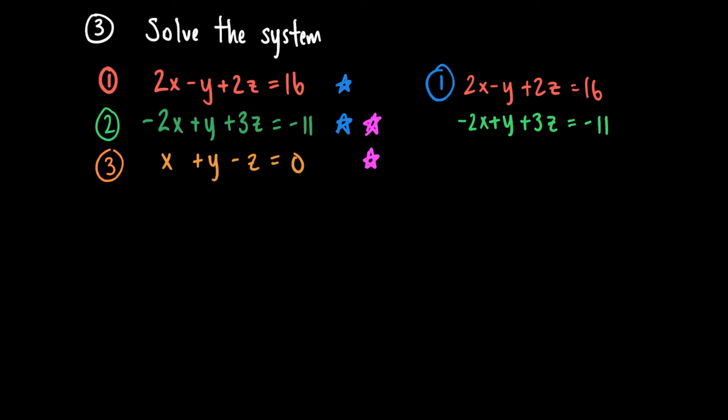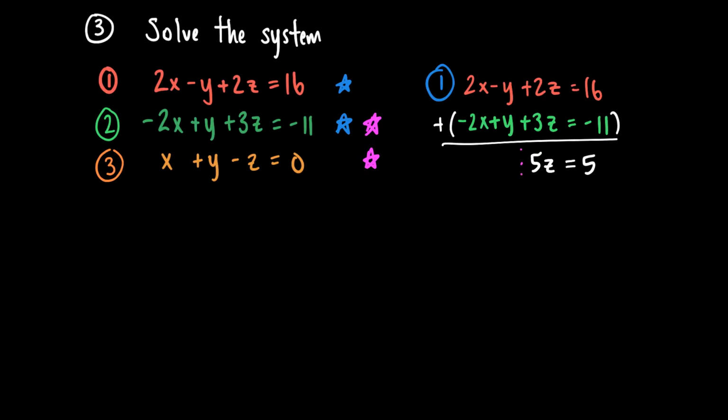And we're just going to straight up add these because the x's are already ready to get eliminated. So x's will go away. Oh wow, this is crazy. So the x's go away and the y's cancel each other. So we're just left with 5z is equal to 5. 16 minus 11 is 5. Wow, okay.